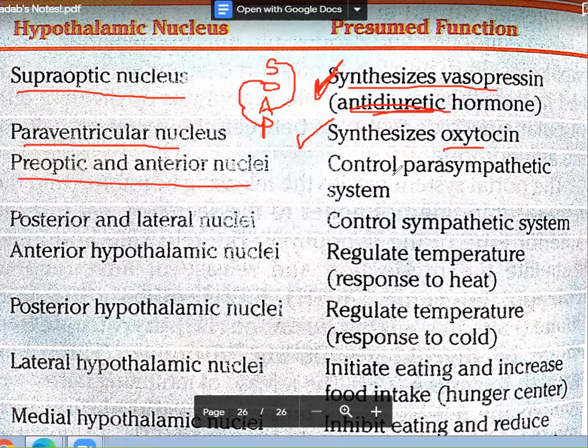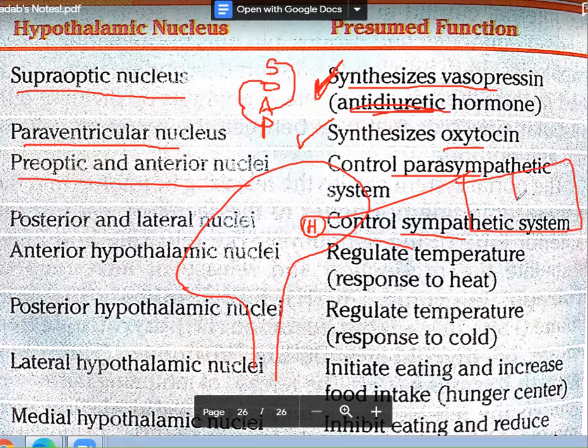Then we have the control of the parasympathetic system and the control of the sympathetic system. So remember the diagram that I told you: we have this hypothalamus, and when I draw it bigger, we have these two.